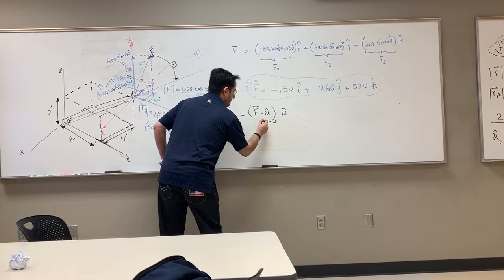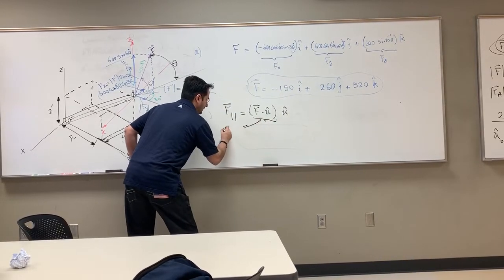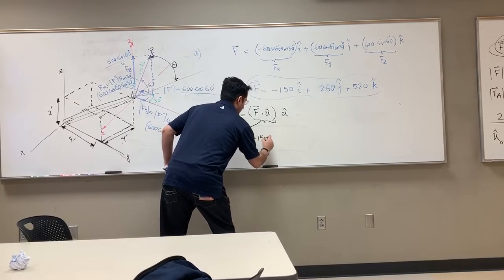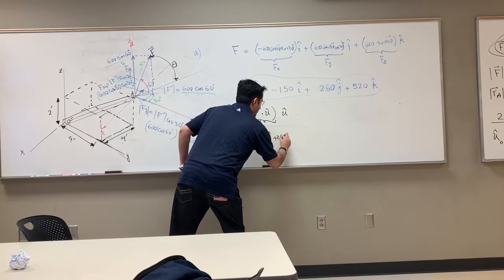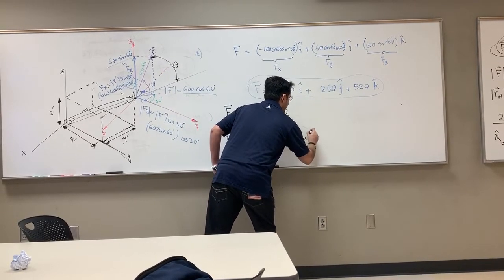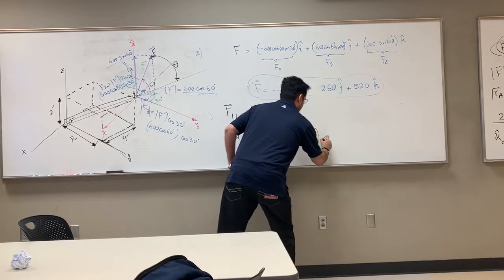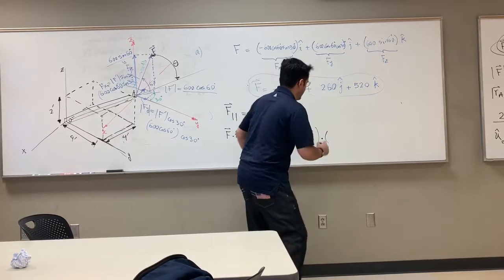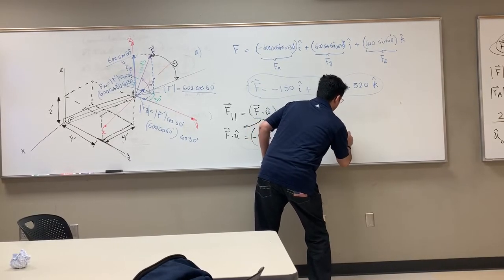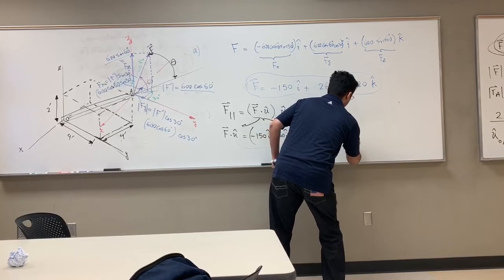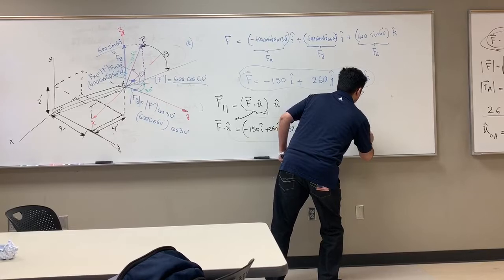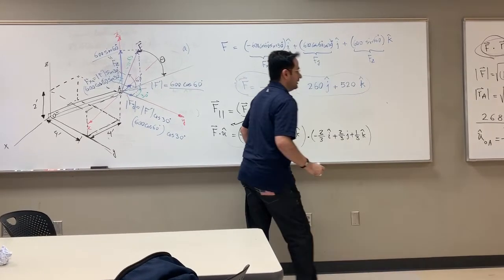Let's first do F dot U: 150i plus 260j plus 520k dot U. And U is negative 2/3 i plus 2/3 j plus 1/3 k.